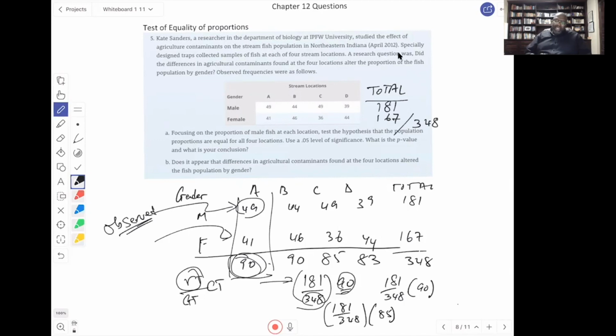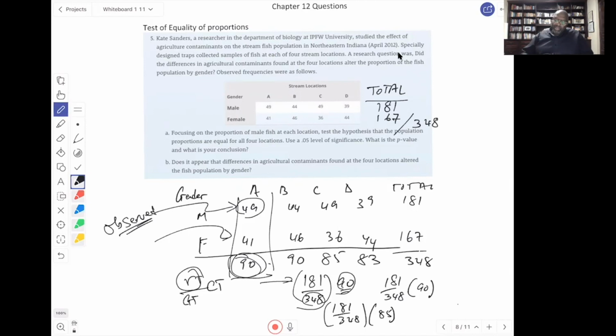So for any cell, we take its row total divided by its grand total, multiplied by the column total. And that gives us the estimate that we're looking for. All right? It turns out that those numbers are 46.81. Now, this has gotten a little bit messy here.